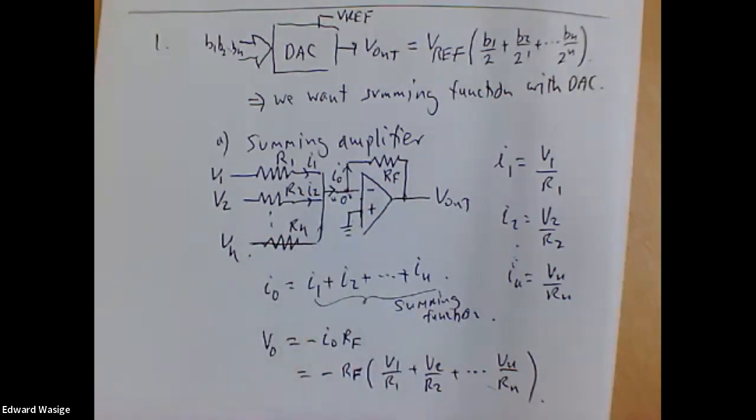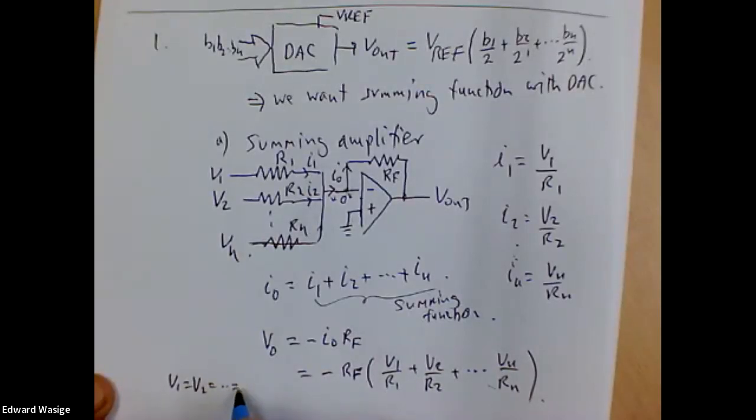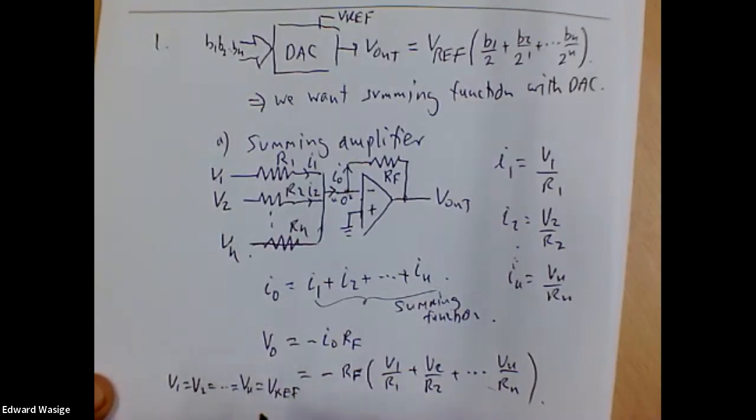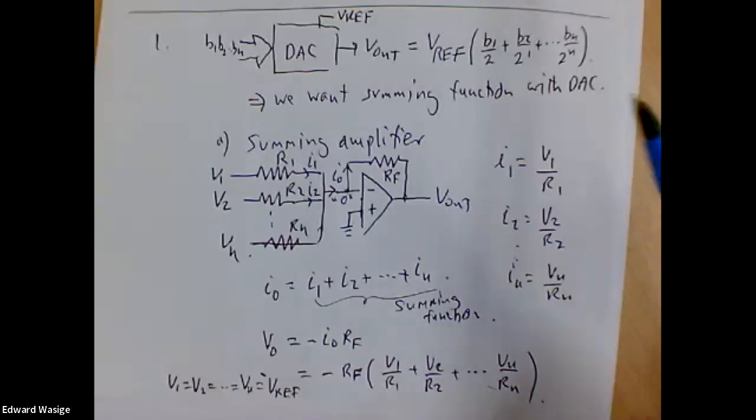So that's our first DAC with a good choice. For example, if we make V1 equal to V2 equal to Vn, and this is equal to Vref, or equal to minus Vref, then we generate that.